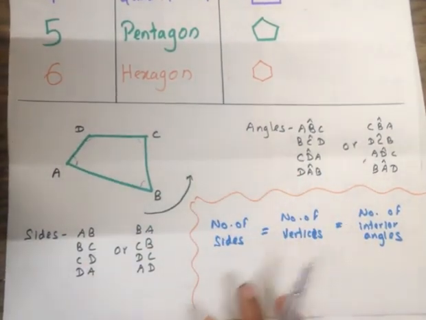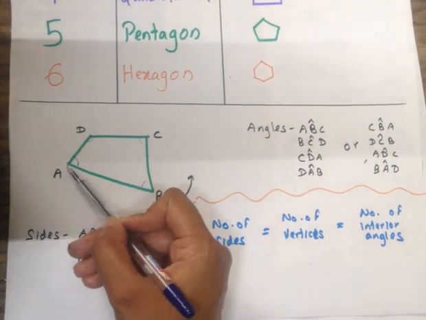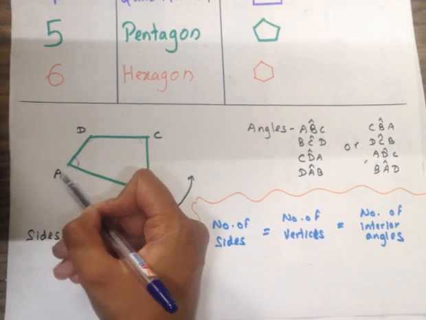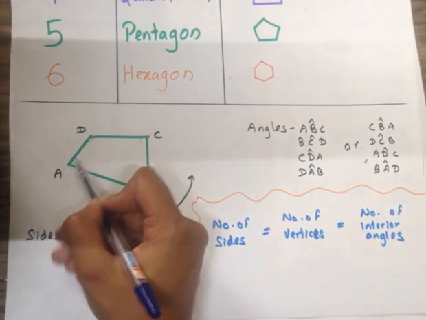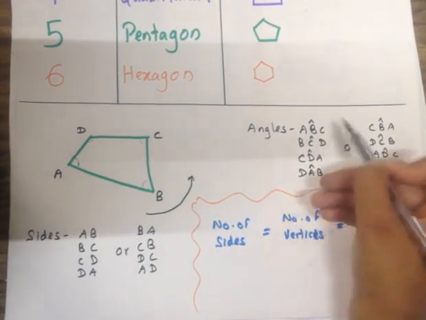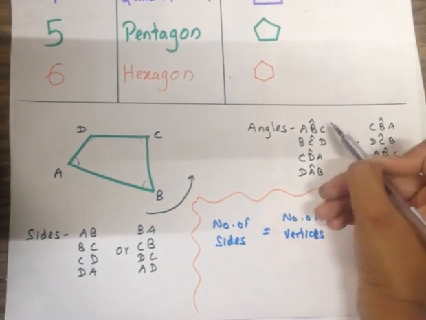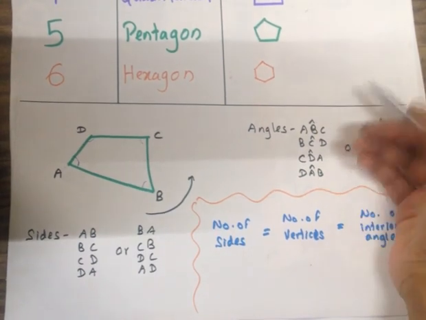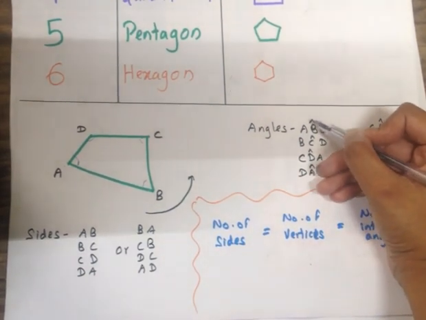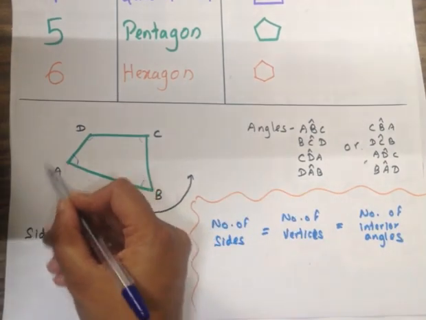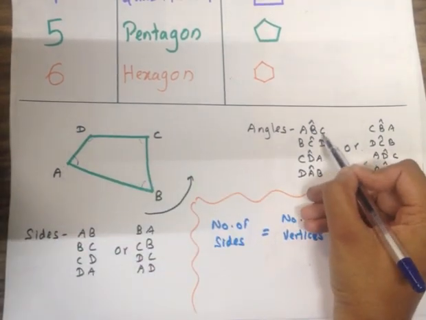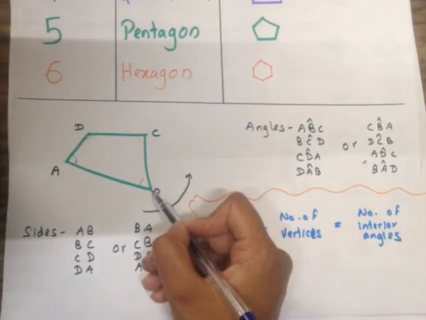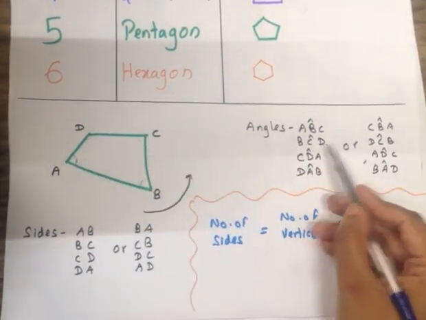There's not a constant, but the vertex should be in the middle. That means we find the angle close to this vertex A, so this should come in the middle. So you see ABC angle. And just to notify that in the vertex B we have the angle, we have put a small mark like this. So this angle we can name as ABC angle or CBA angle. Similarly, other angles also we can name this way.